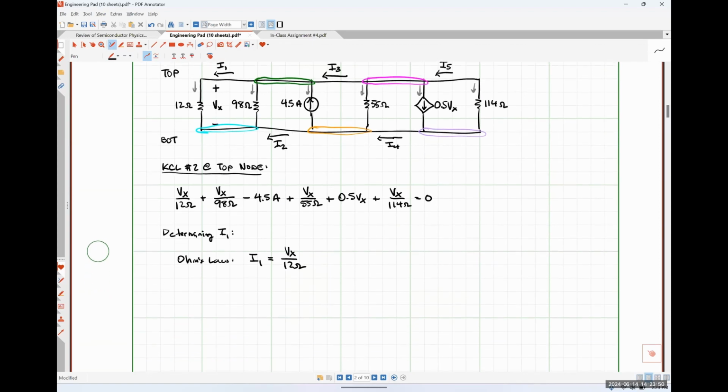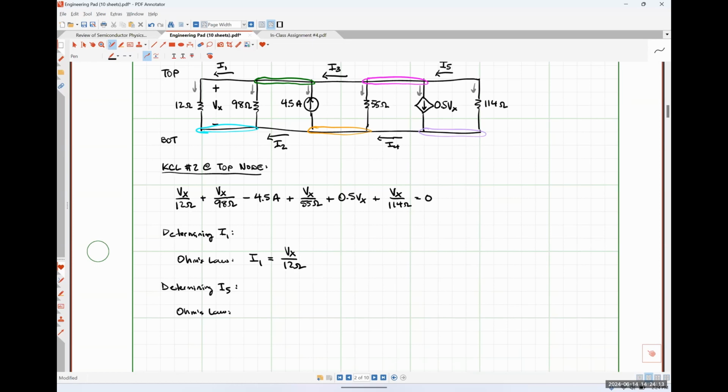We can do something similar to determine I5. So I5 is the current that's flowing from the bottom node to the top node through the 114 ohm resistor.